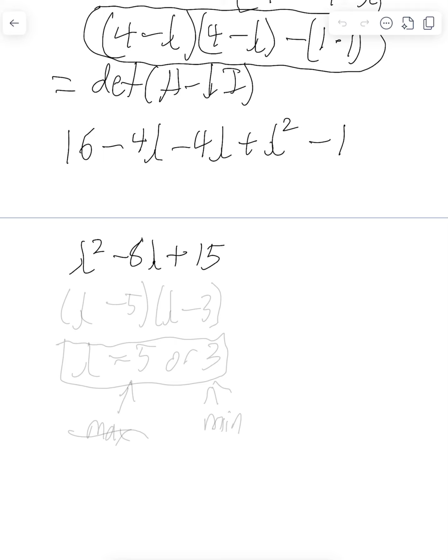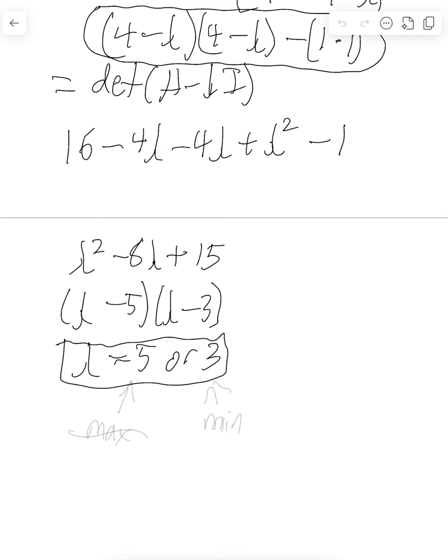To solve this quadratic, you would just do lambda minus 5 and lambda minus 3, which equals 0. Therefore, the two eigenvalues you'd find are 5 or 3. So that's your second part of the problem done.